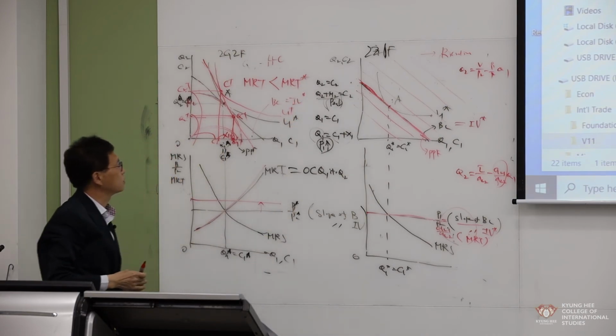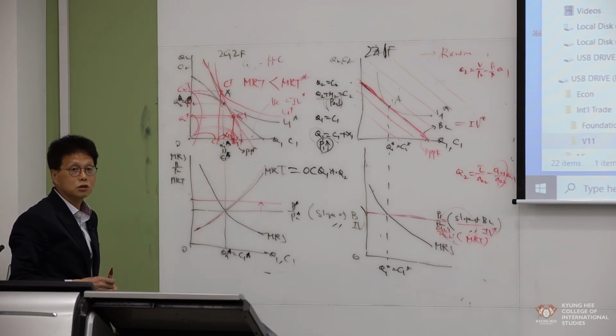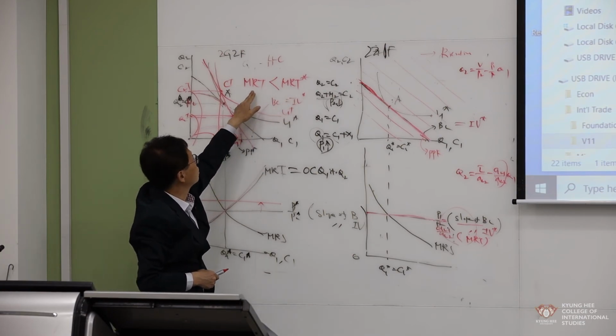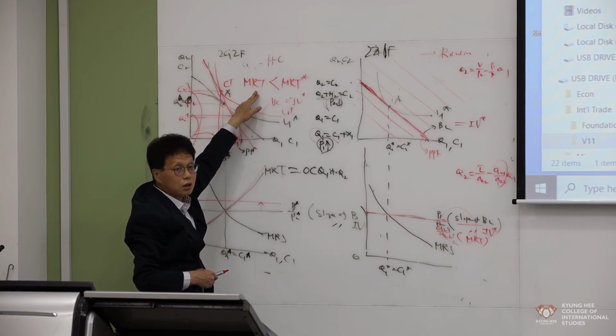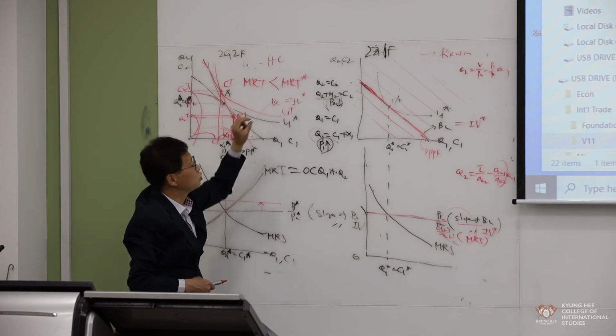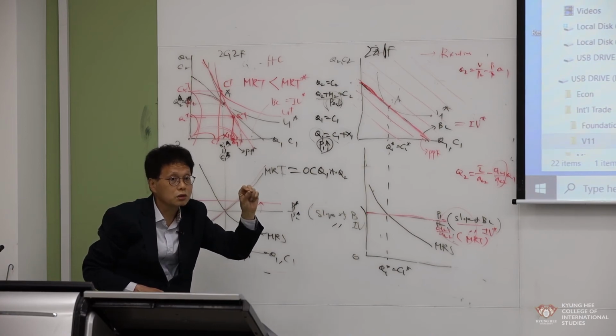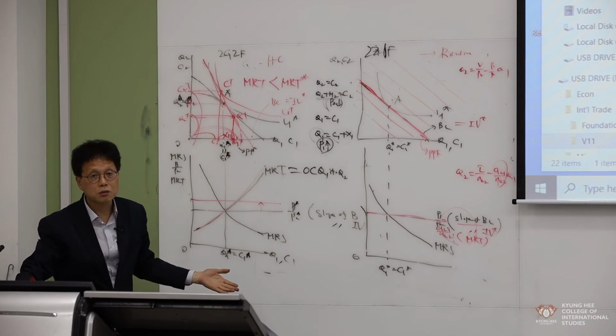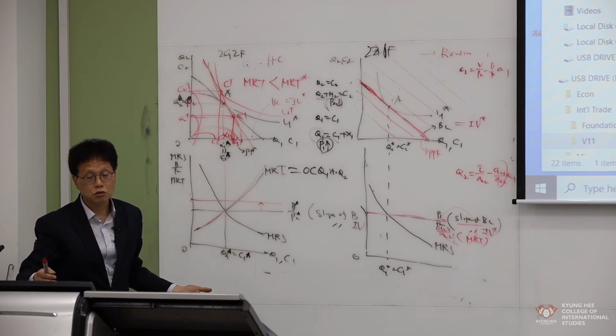Star means foreign from now on, the partner countries. That is the opportunity cost of Q1 in terms of Q2 in Korea, home. We can produce the same good with a relatively cheaper cost. So lower MRT, so we have a comparative advantage in Q1 rather than Q2.